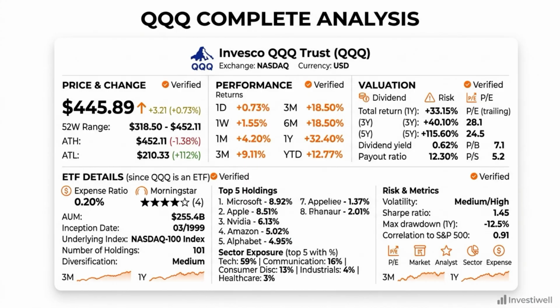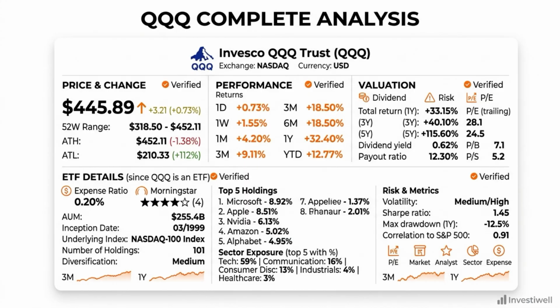Definitely. But to be fair to the data, we can't ignore the bottom 96 companies entirely. The dashboard specifically highlights holding number 7, Apelli, at 1.37%, and holding number 8, Finnar, at 2.01%. And it's easy to look at a 1.37% allocation and just dismiss it as a negligible rounding error compared to Microsoft's nearly 9%.